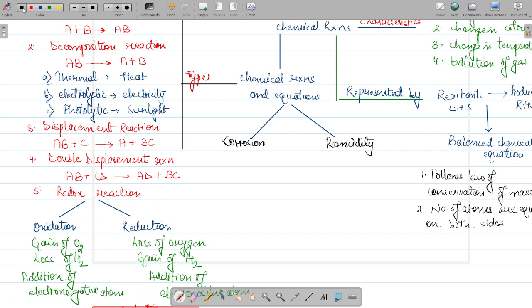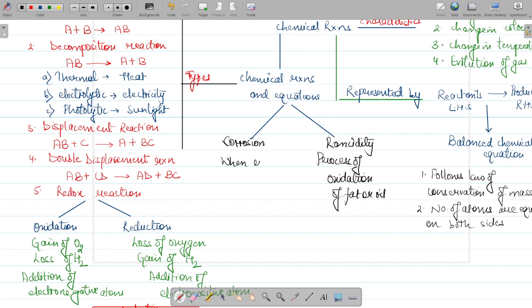Now, what is rancidity? Let's talk about this. Basically, it is the process of oxidation of fat or oil. And when we talk about corrosion, what does corrosion mean?